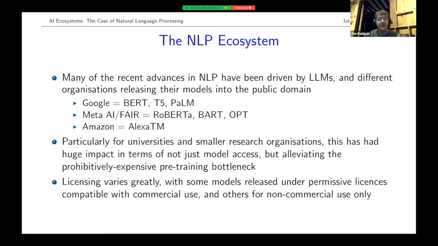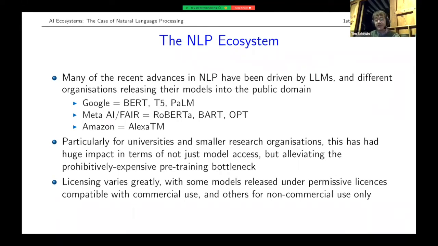So I promised to talk about the NLP ecosystem. Given the fact that large language models are very much at the core of modern day NLP, there's a very strong fixation on large language models, as you would expect.